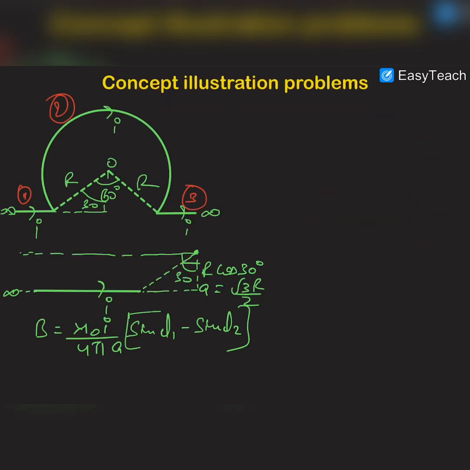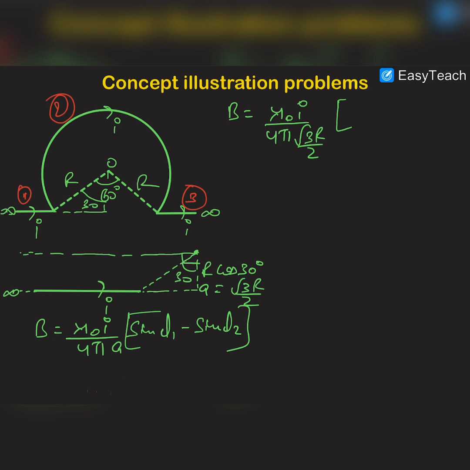Okay, so B will be equal to mu naught I by 4 pi A. Now A is root 3 r by 2, and if you do not remember which one is phi 1 and which one is phi 2, we can easily say that phi 1 would be the greater angle, because we are just calculating the magnitude of the magnetic field and it cannot be negative.